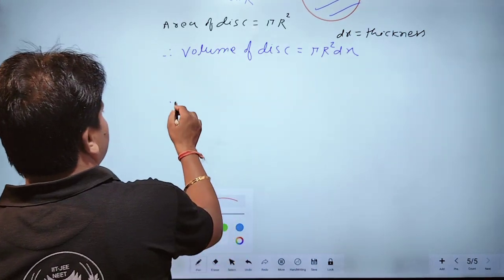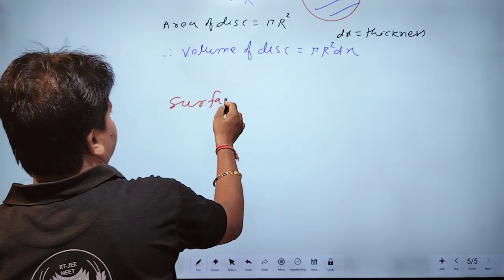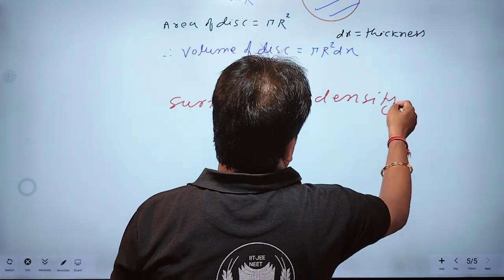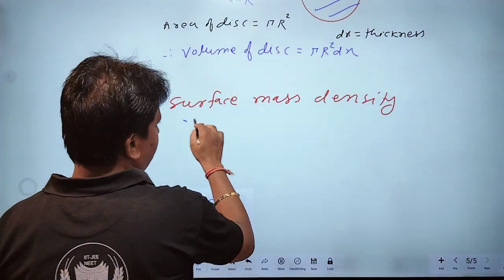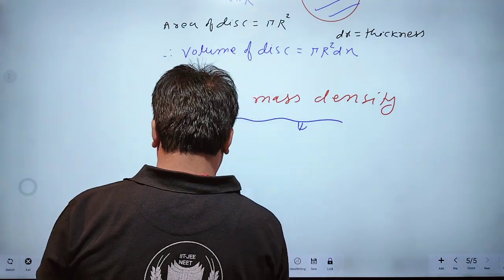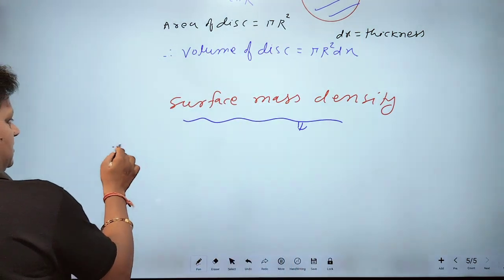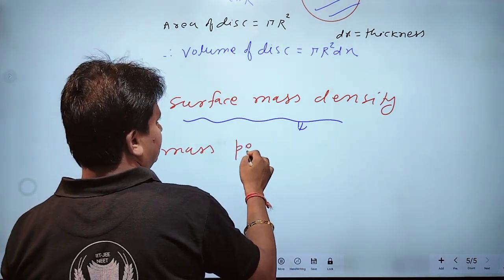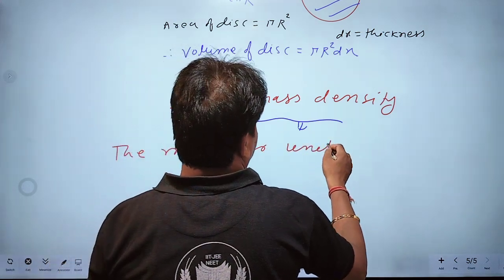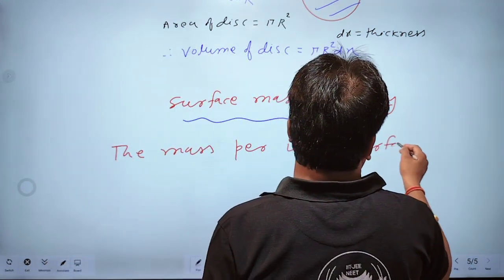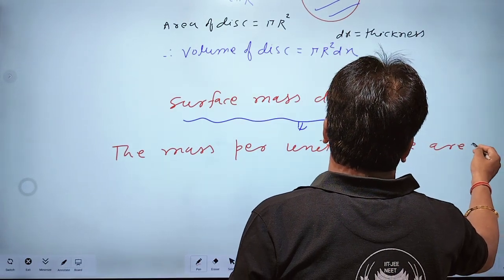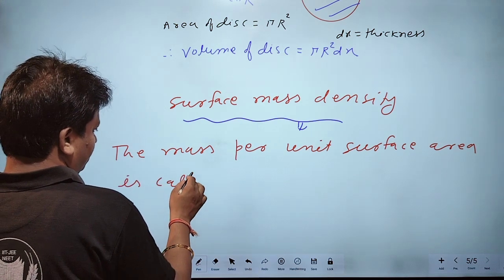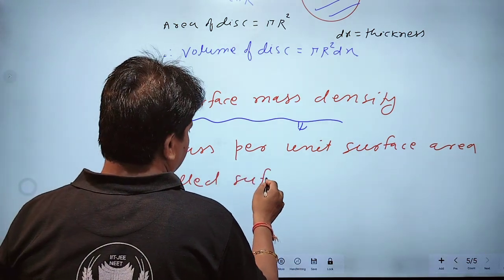What will be surface mass density? Surface mass density is defined as the mass per unit surface area. That is called surface mass density, got it?